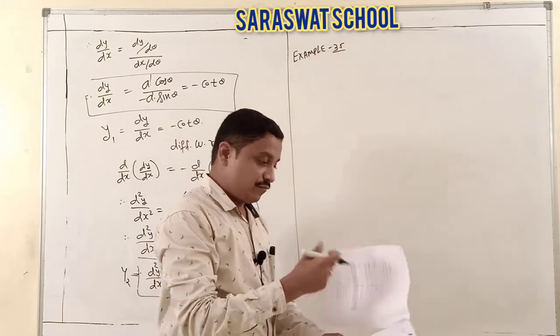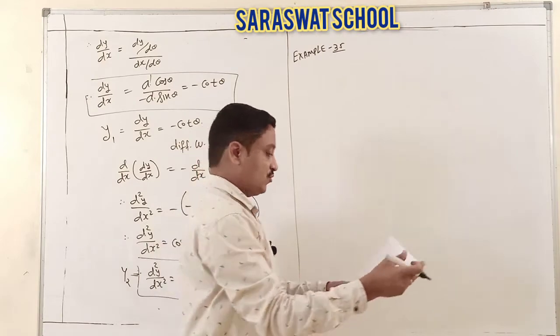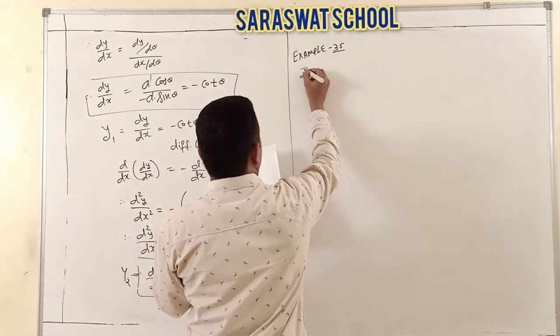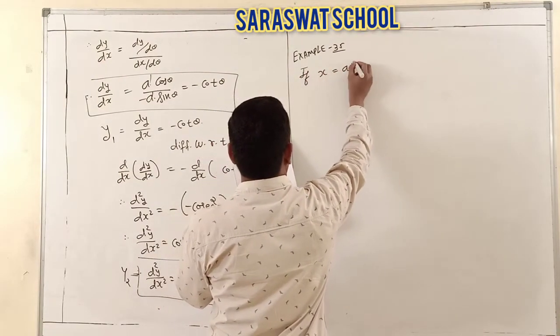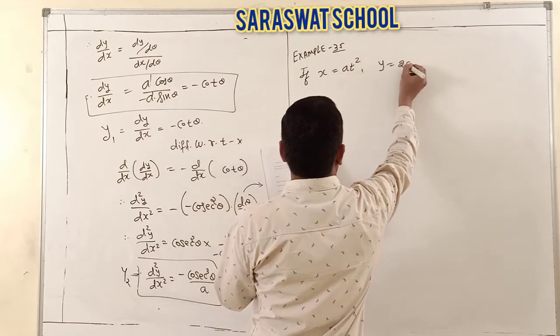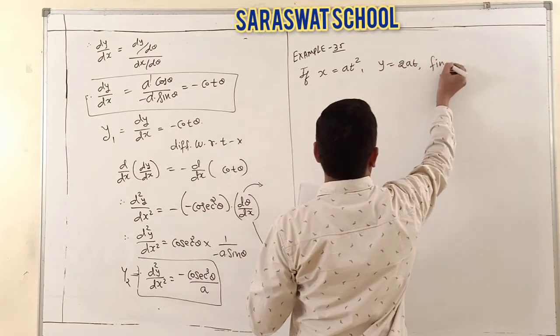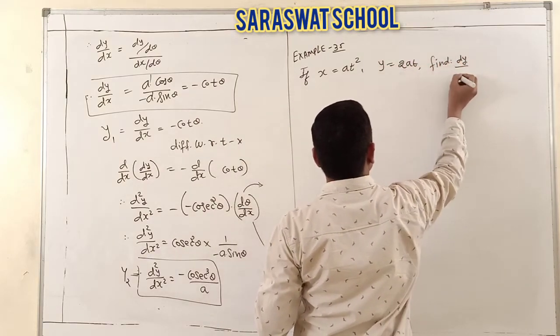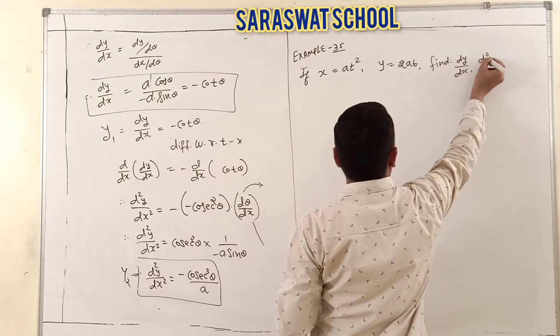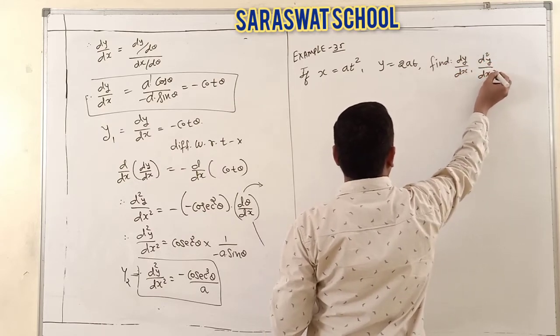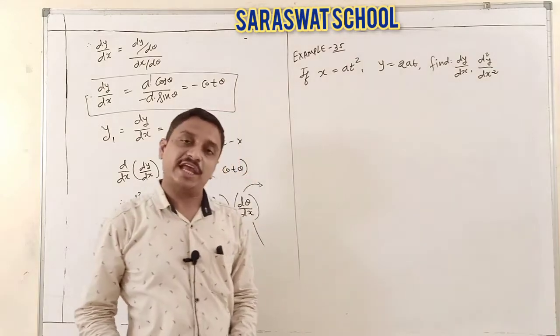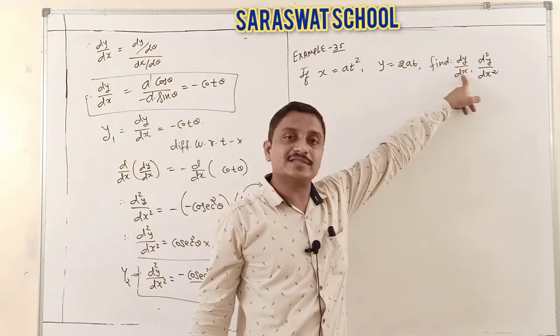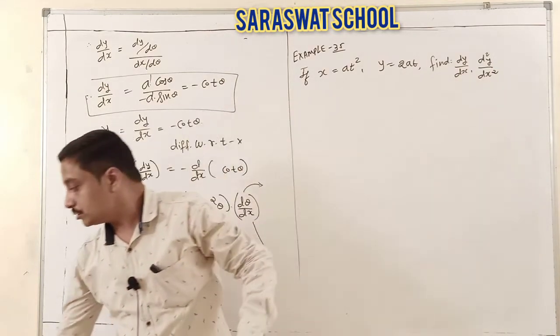Find the derivative for x is equal to a t square, y is equal to 2at. Find dy by dx. But I will also find d square y by dx square, up to the second derivative. Students, here the textbook asks only the first, but I calculate both.